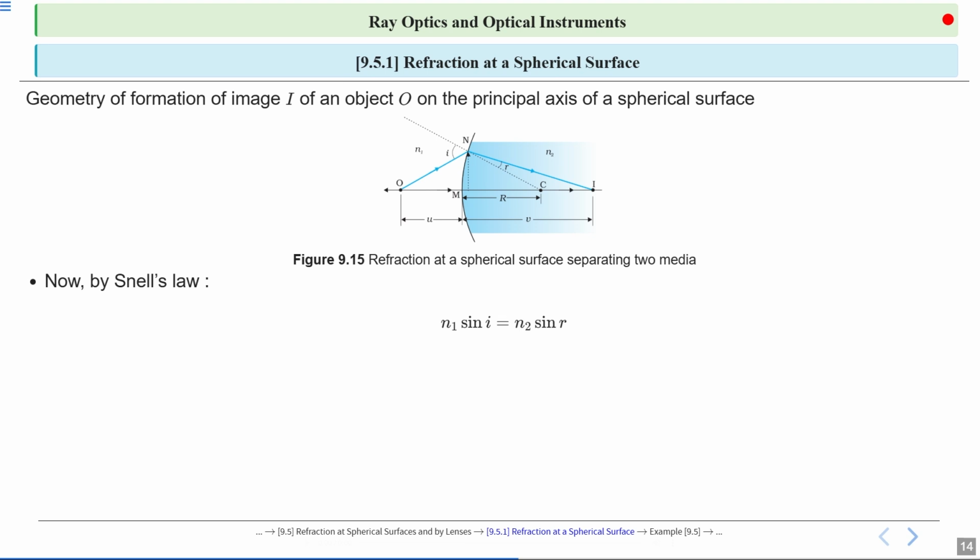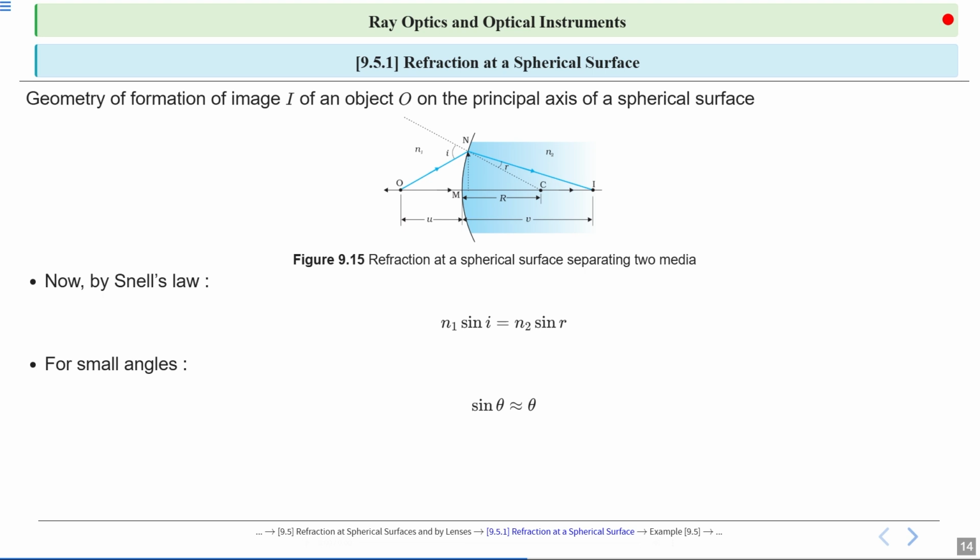Refractive index of second medium with respect to first medium, which is equal to N2, absolute refractive index of second medium upon absolute refractive index of first medium. What is absolute refractive index? That is the refractive index of a medium with respect to refractive index of air. Okay, or relative refractive index of one medium with respect to refractive index of another medium.